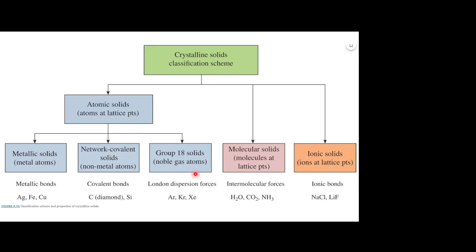Then you're going to have London dispersion forces. These typically happen in things like group 18 solids, so the noble gas atoms, if you form solids from them. You typically see this on the lower part of the periodic table, like argon, krypton, xenon. You can actually form solids from them, and you'll see noble gas atoms occupy the spaces, the last parts.